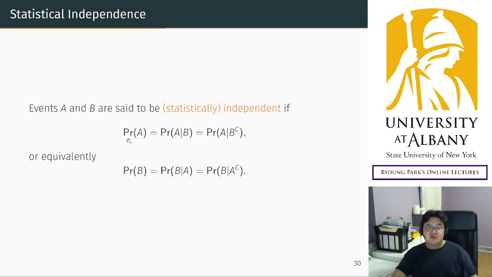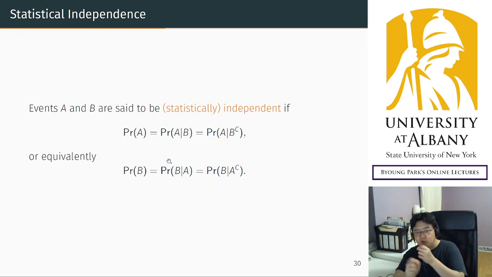We say two events are statistically independent if these probabilities are the same. So probability of A happening equals probability of A happening when B already happened, which also equals the probability of A happening even if B did not occur. So regardless of B, whether B is unknown or happened or not, probability of A is the same.